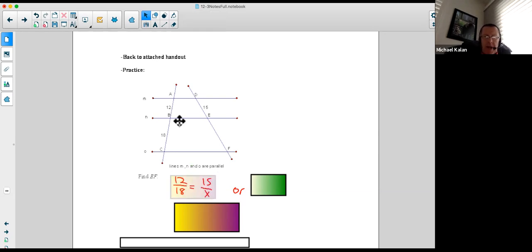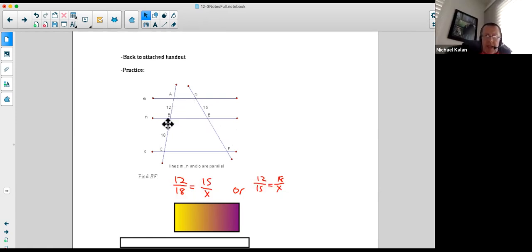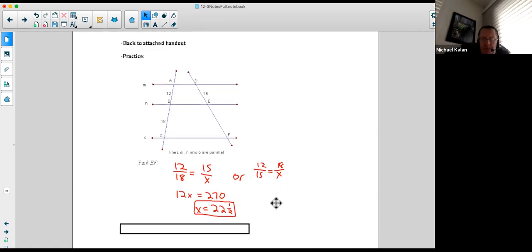So one way to set it up would be 12 over 18 equals 15 over X, or over EF, because we don't know what it is. Another way would be to say 12 over 15 equals 18 over X. I'm sorry, 18 over X, my bad. Either way, you set it up, we end up getting 22.5 for X. And since we designated X to be what EF was, we are done with that problem.